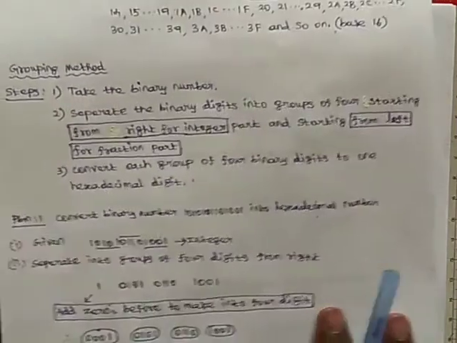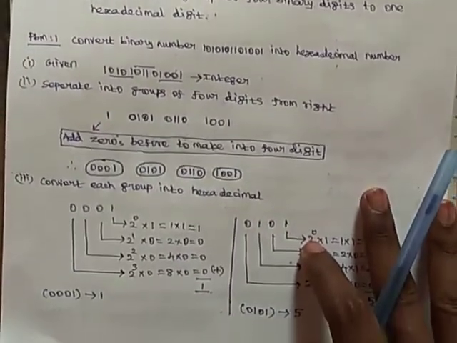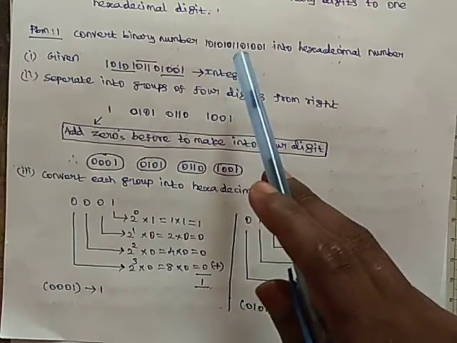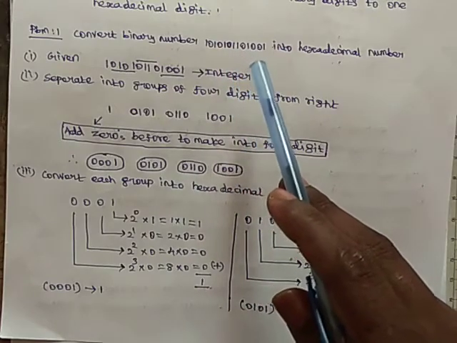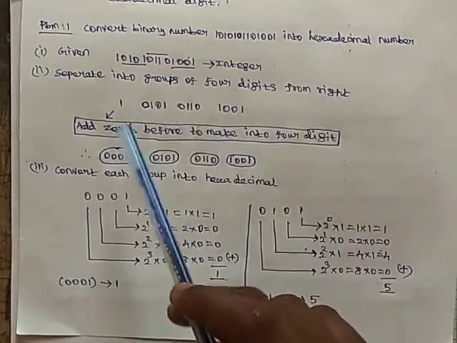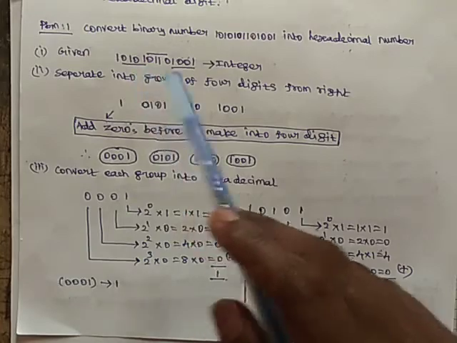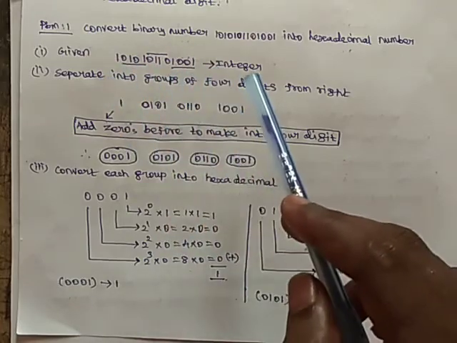Here is your first problem. Convert the binary number 1010101101001 into the corresponding hexadecimal number. Take the given number; this is the integer number.